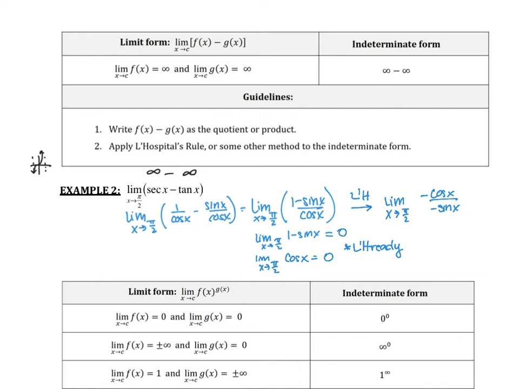Now when I make my substitution, the limit as x approaches pi over 2 of negative cosine of x is 0, and 1 for sine of x. So this limit would be 0. We've taken it from the indeterminate form of infinity minus infinity and turned it into something that was L'Hopital ready.